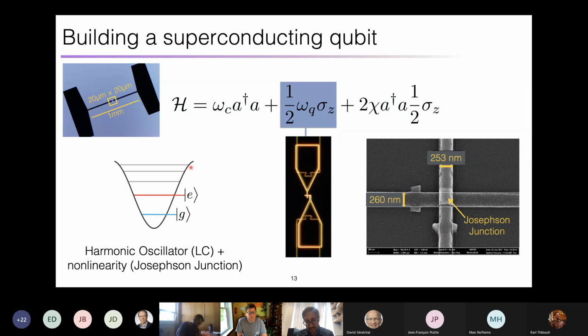But we operate in a regime in which it's almost parabolic, with just a little bit of tilt. So going from G to E has a slightly different frequency than from E to F, and that allows us to operate with just G and E by using the right frequency. So we can use this as a qubit and approximate it like this. There are some corrections when you're actually doing the calculations, but this is conceptually accurate.